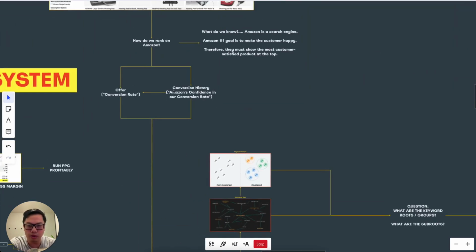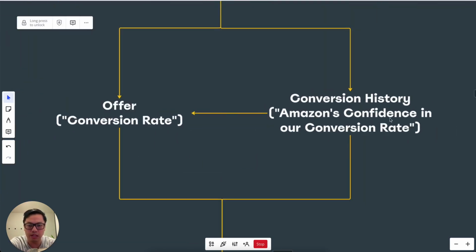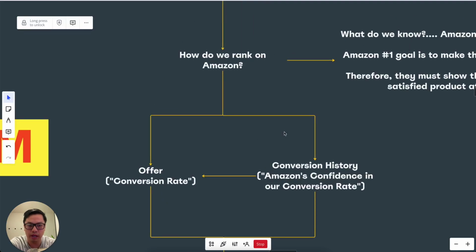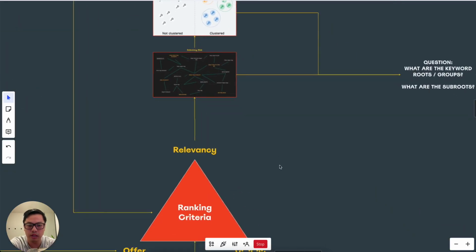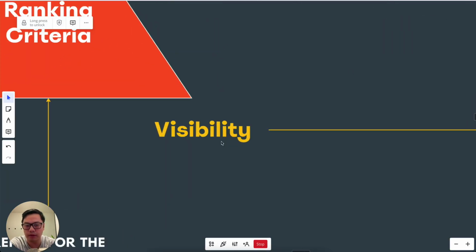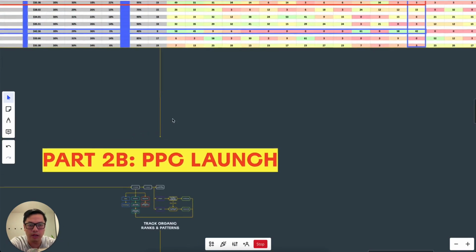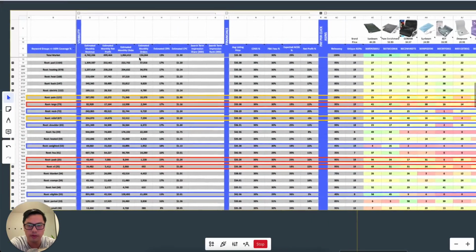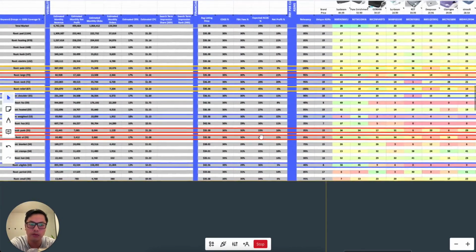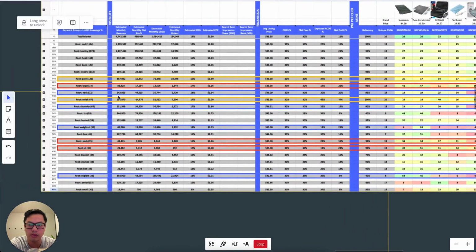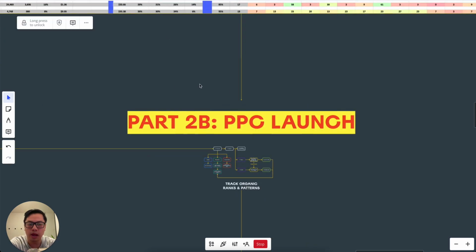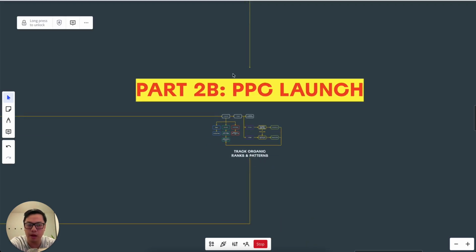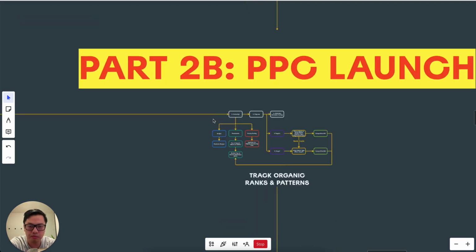So in order to get this, which is required to rank, we're missing conversion history. In order to get conversion history, it really comes down to visibility. So then knowing what we know about the keyword group side of things, we have all these keywords or keyword groups, and we've identified, yep, I can rank on those, I can be profitable on PPC on those, and I'm losing on those. So after you bucket all of those, now we've got to start sending traffic to it.